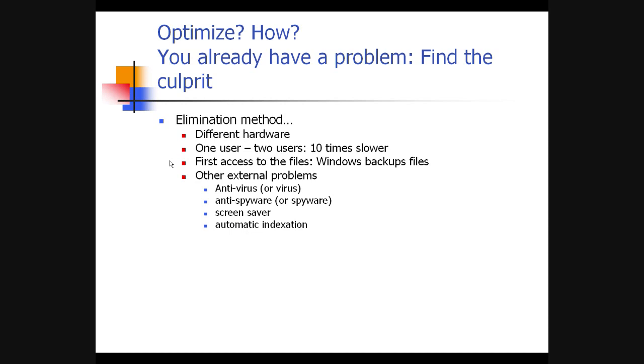It can be also in some cases the automatic indexation. Perhaps you've seen this feature that is available on every disk and partition in Windows, and it is turned on by default. What it does is index the content of every file in order to let the search in Windows go faster.